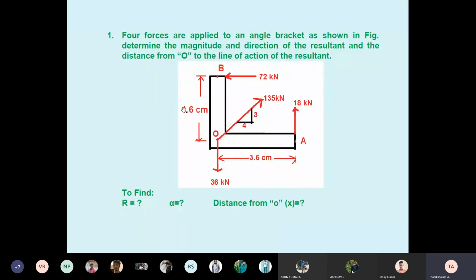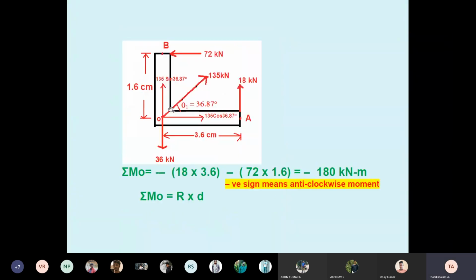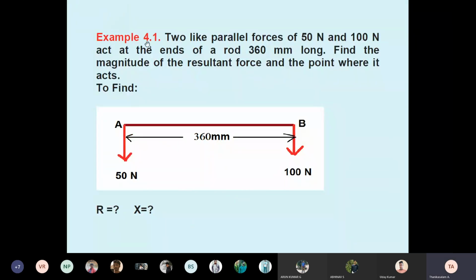Whenever I mention an example, like example 4.1, it is already shared in each unit's PDF copy. I chose from that book only. They gave the statement like this, so for our understanding I made many diagrams.